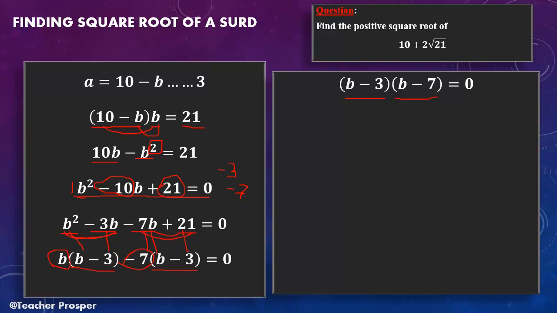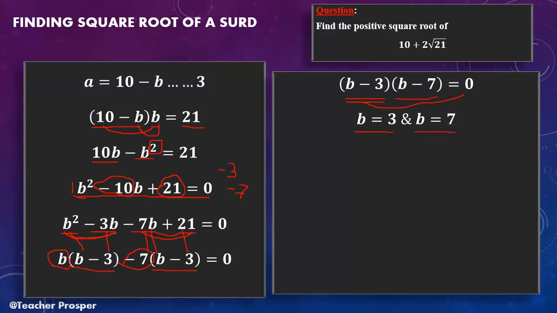When we take b minus 3 and equate it to 0, we get b equals 3. And when we take b minus 7 and equate it to 0, we arrive at b equals 7. So b equals 3, then b equals 7. These are the values of b that satisfy the quadratic equation.